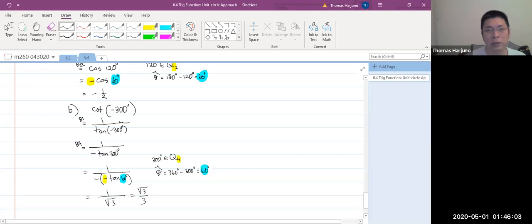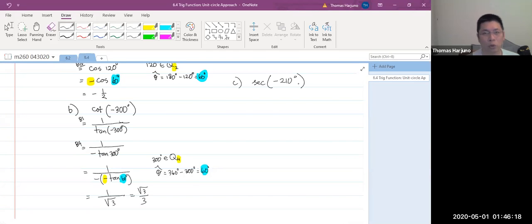Now you try this. How about if I have, for example, secant of negative 210 degrees. Do the reciprocal first, and then take the negative angle, and then the quadrant thing.